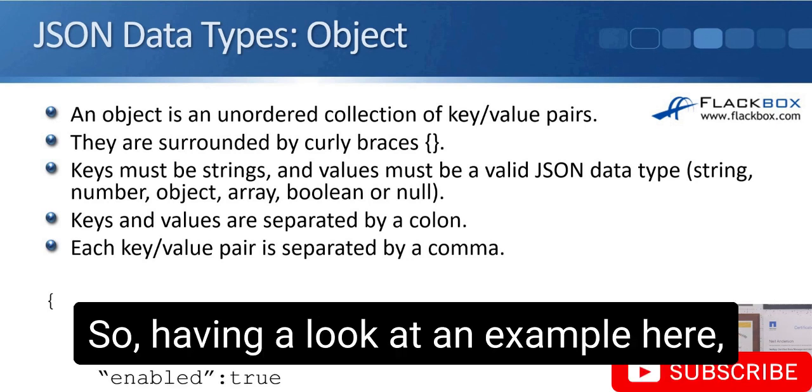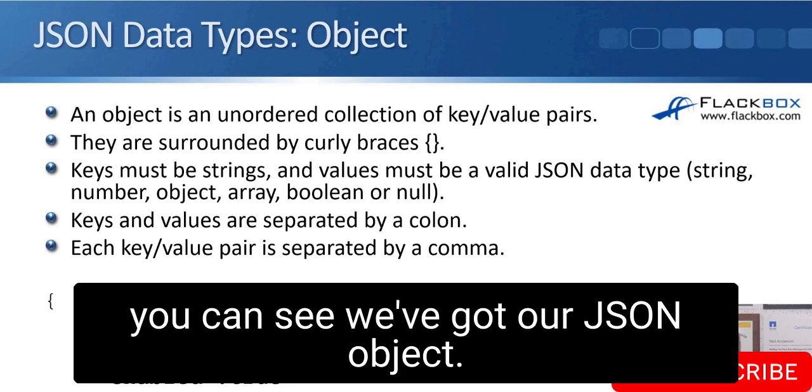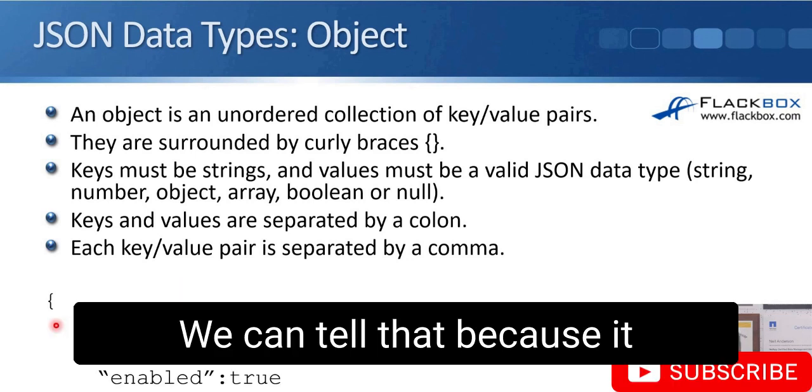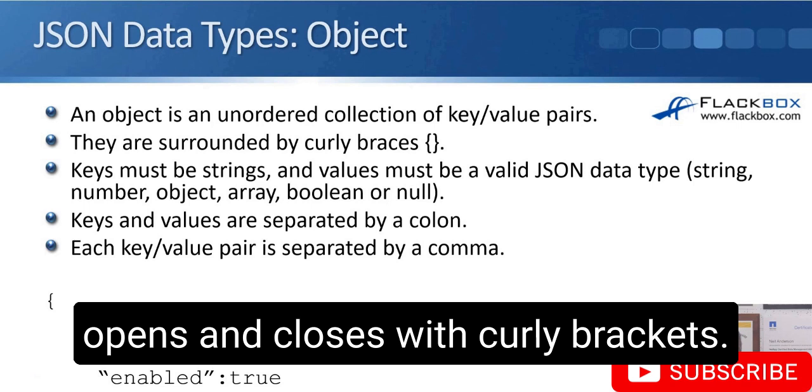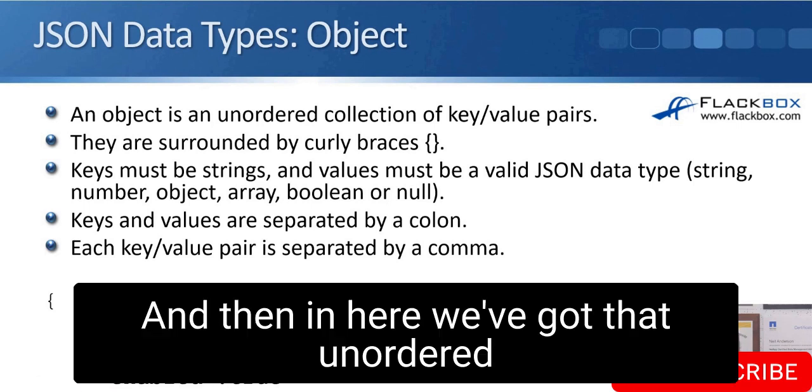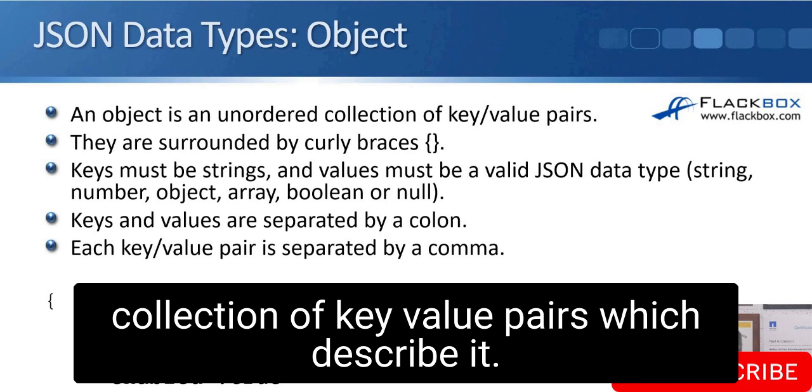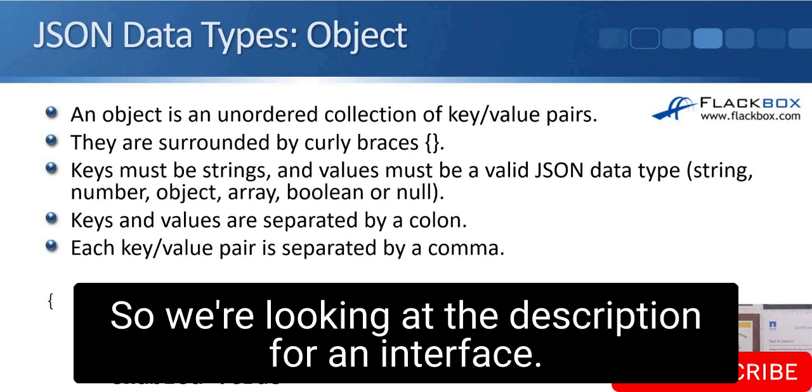So having a look at an example here, you can see we've got our JSON object. We can tell that because it opens and closes with curly brackets. And then in here, we've got that unordered collection of key value pairs which describe it. So we're looking at the description for an interface here.